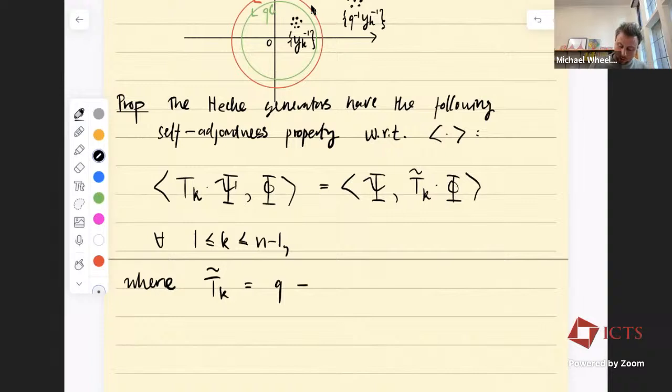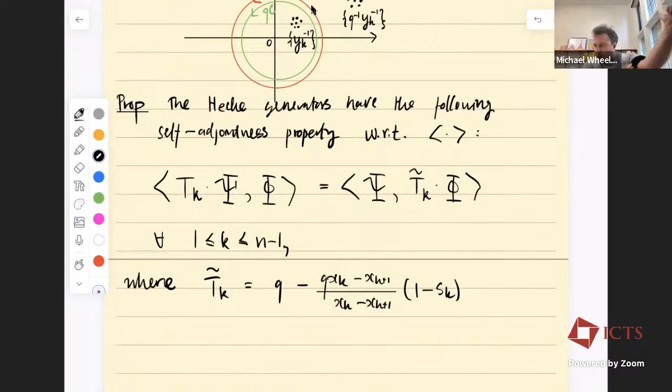I hope I've done that correctly. It should just be this, and then 1 minus s_k, s_k being the transposition operator. Okay, so that's the claim.